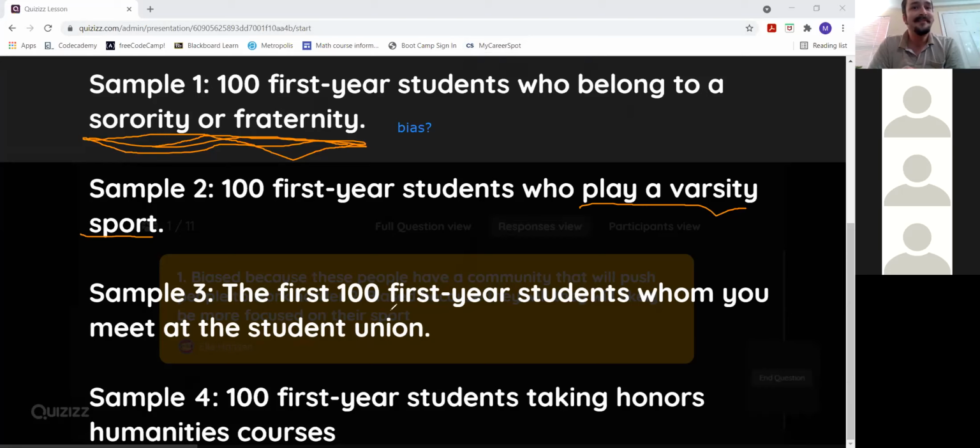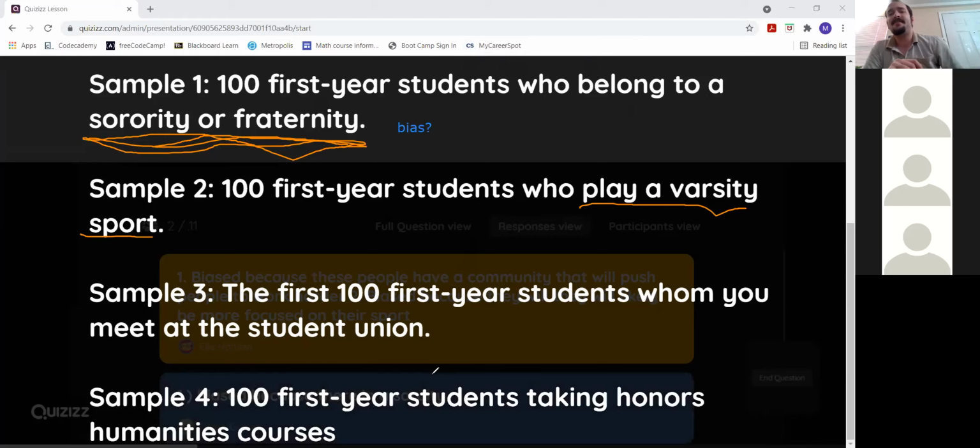The first 100 students whom you meet at a student union. I think the book says that this one is the least biased or something, maybe, because those are like at random. But these are people that are in a student union. Are they talking about the place? I'm not sure.